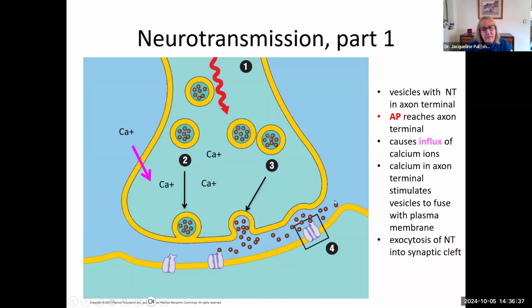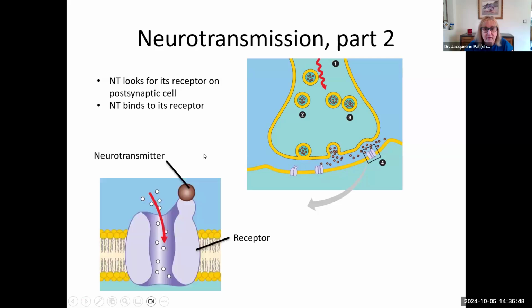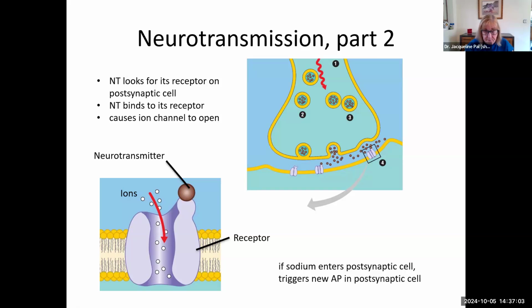Okay, so now we have neurotransmitters in the synaptic cleft, and it's looking for its receptor on the postsynaptic cell, whether it's another neuron or an effector cell. When it finds its receptor, it's going to bind to its receptor, and that opens a channel, and ions will usually enter the cell if it's going to be excitatory.